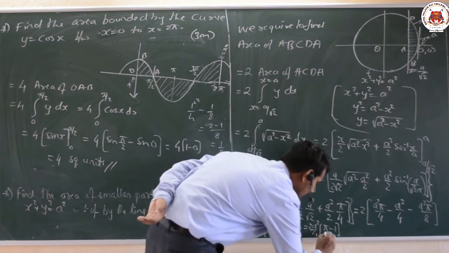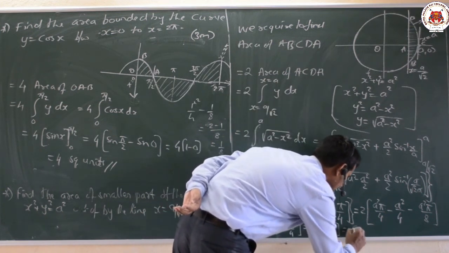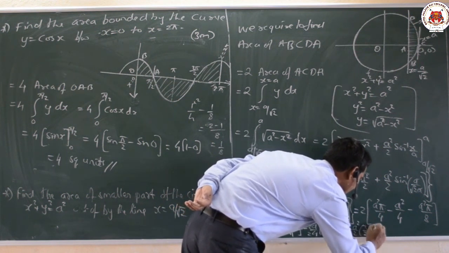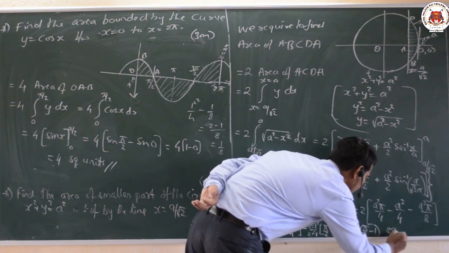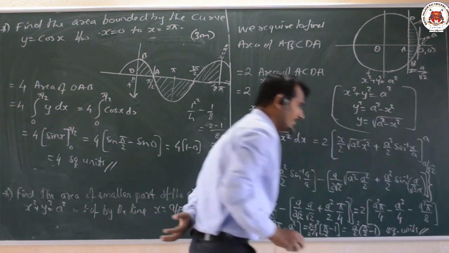That means pi by 2 we get, and hence the answer will be a square by 2 into pi by 2 minus 1 square units. That will be your required result.